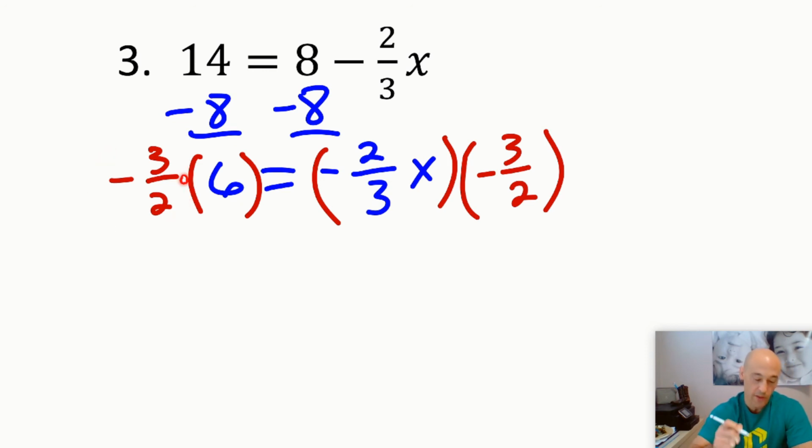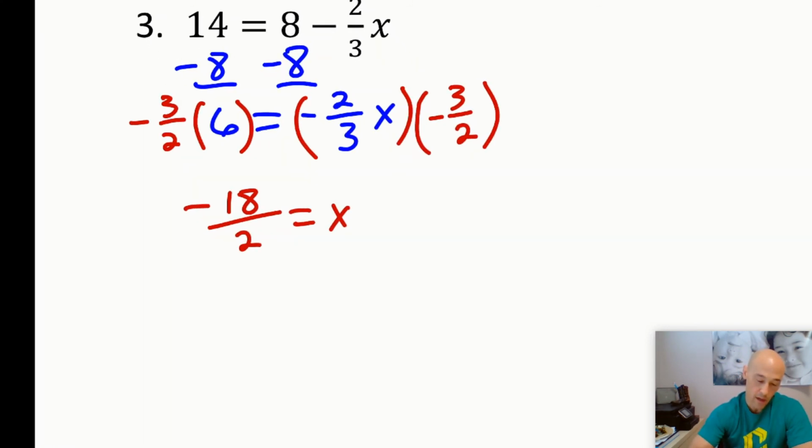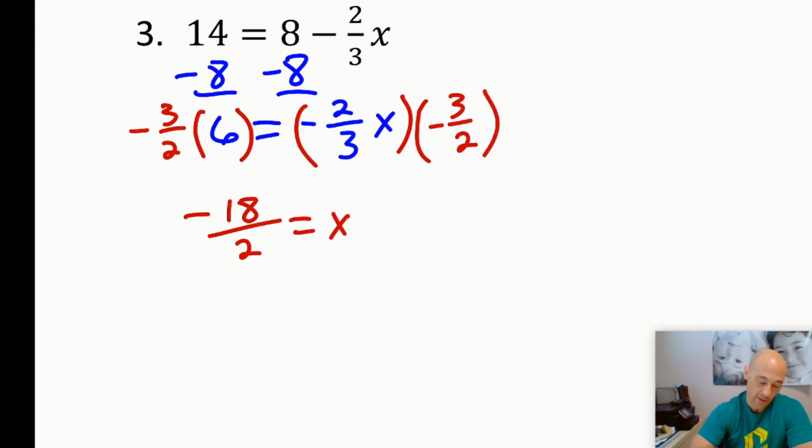I could, but whenever there's a number in front of parentheses, it's definitely multiplication. So this is like 6/1. This negative times a positive is going to be a negative. And then 3 times 6 is 18/2 is equal to x. Now here, we need to simplify that negative 18/2. It's negative 9 because remember that's division.